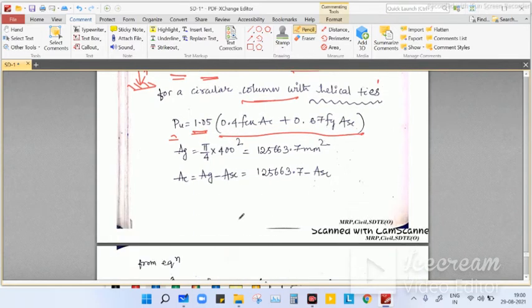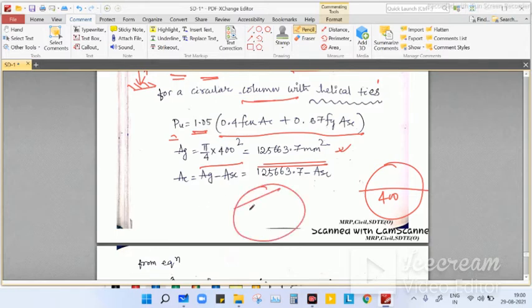As the diameter of the column is 400 mm, the gross section area is pi by 4 D square. This much value is there, 125,663.7 mm square. So how to calculate the Ac? Ac means area of the concrete. Suppose this is the column, this is the gross area Ag.